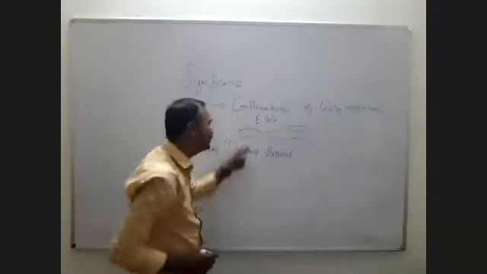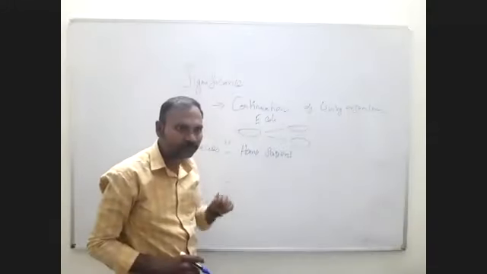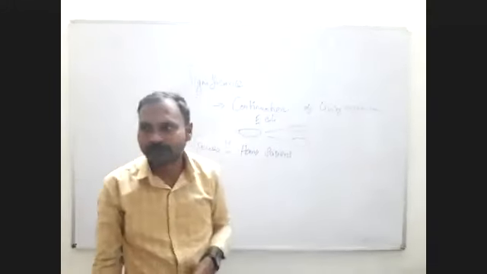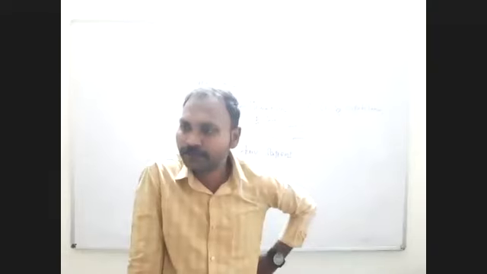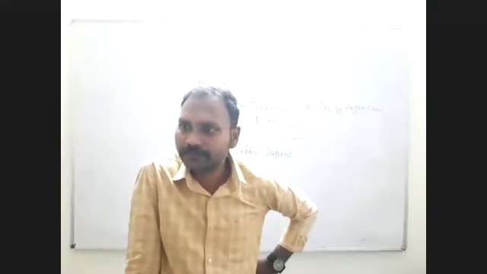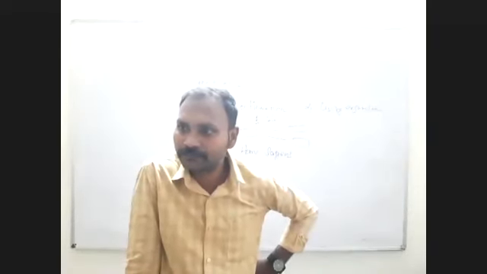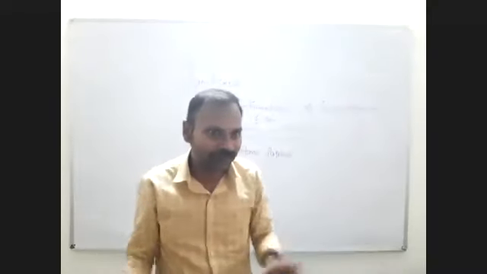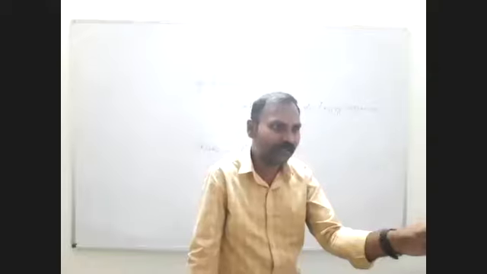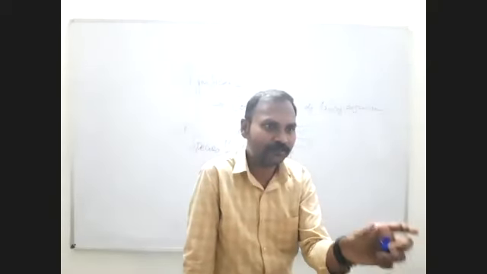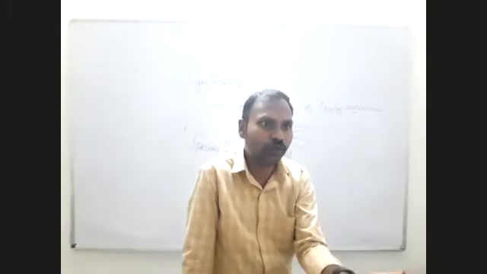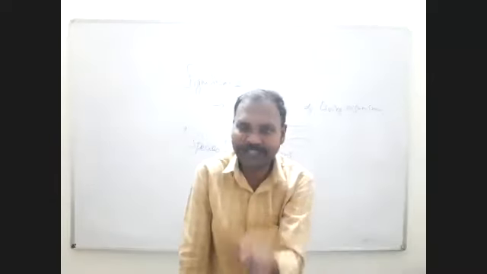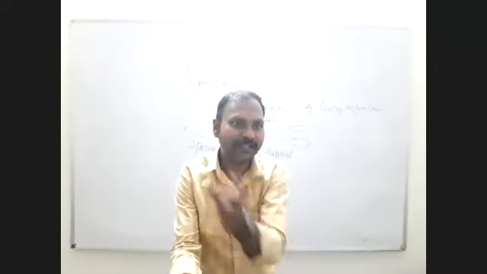What is a life cycle? From birth to death. It is the series of events: birth, growth, development, maturation, reproduction, death.